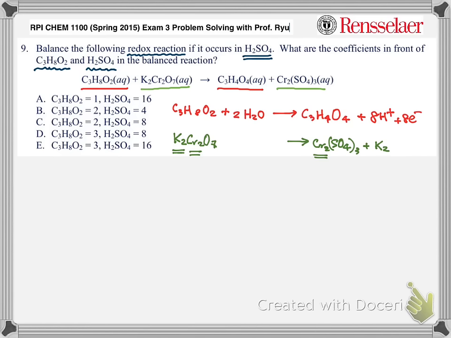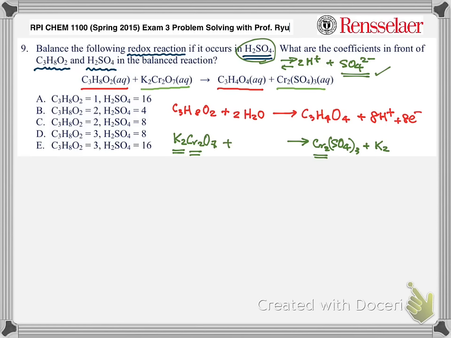But now this is a little higher-end concept. H2SO4 can dissociate into 2H plus and SO4 2 minus. The sulfur and oxygen 4s are bundled up, right?